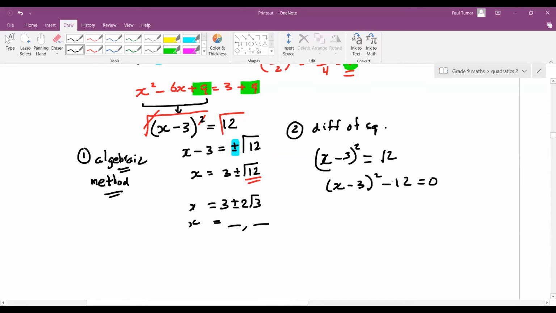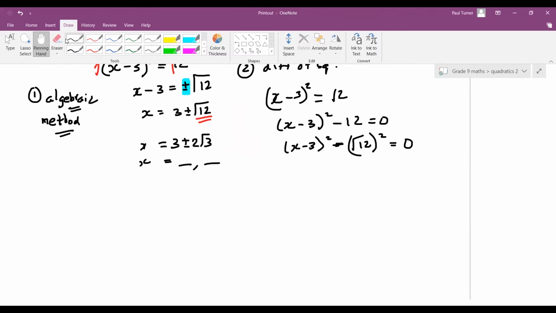But then we need to make this to a power 2. Change your 12 to root 12 squared, which is 12. Okay, you've seen this before already. Because 12 is not a perfect square, we have to make a root 12, then square.